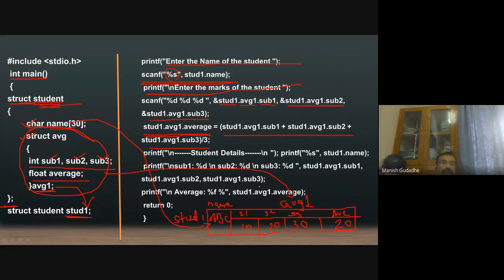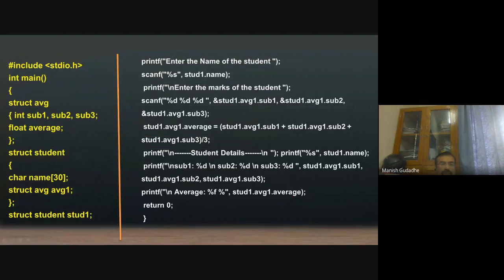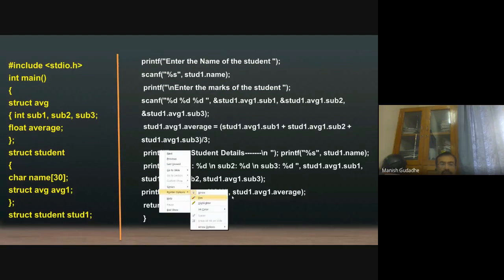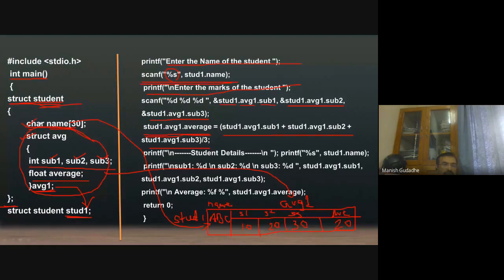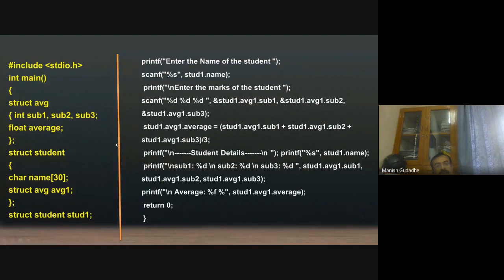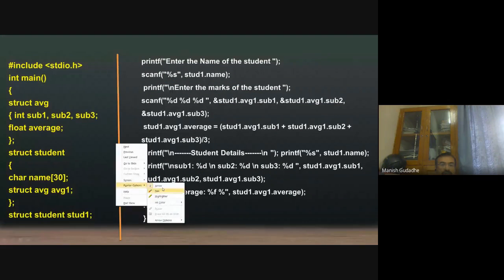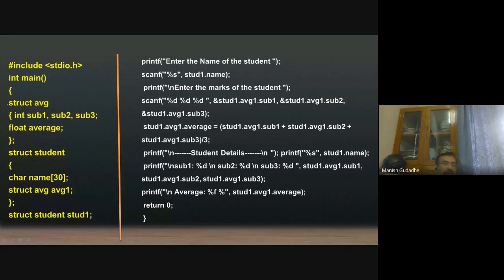Another method for the same will have exactly the same effect. The only change which is happening here, you can observe it also: in this case, we are defining AVG inside student, and in this case, we are defining AVG outside student.